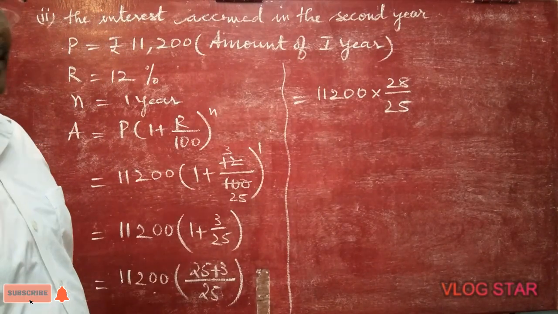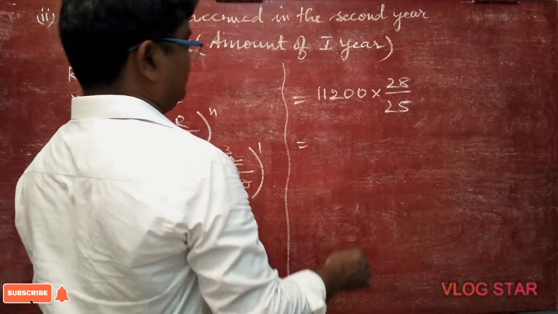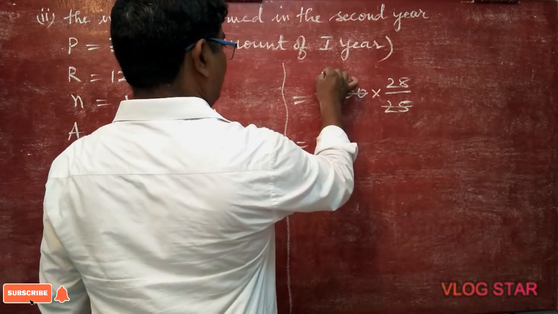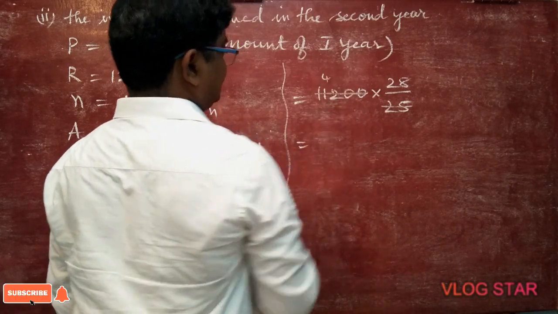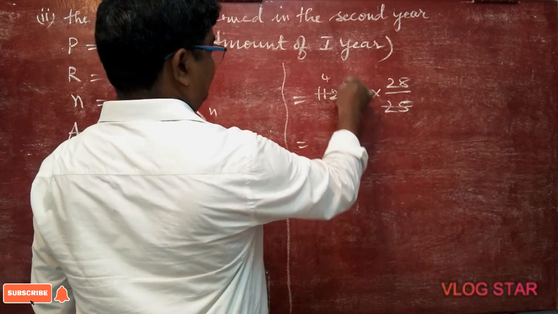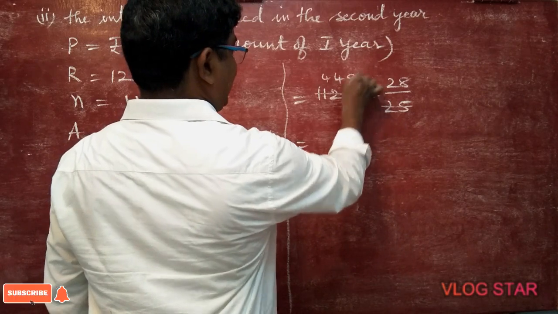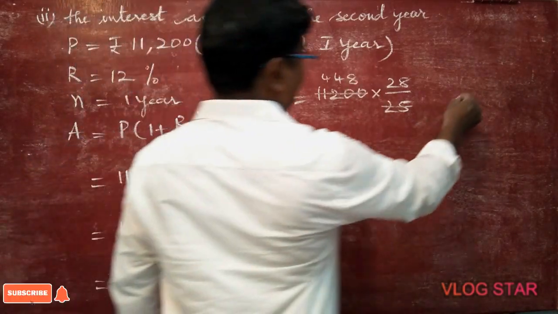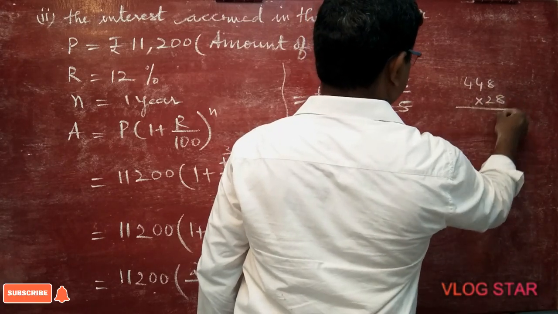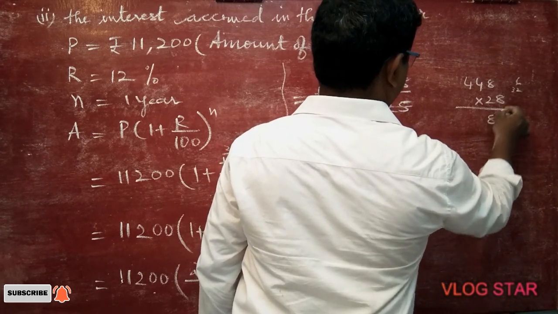Now 25 table, simplify. When you calculate, 25 4s are how much? 100. 12 remaining, 120. Again 4 times 100. Again 25 goes 8 times. Now calculate 448 into 28. 8 8s are 64. 32. 38 3.